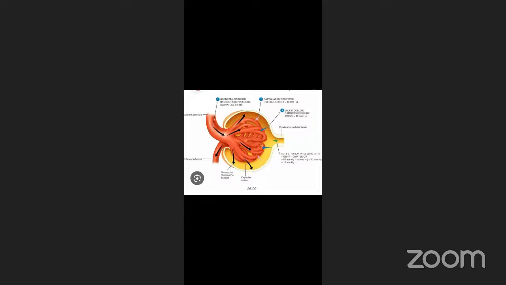So mineral salts, urea, and the end products of digestion like glucose, amino acids, vitamins, and of course water.